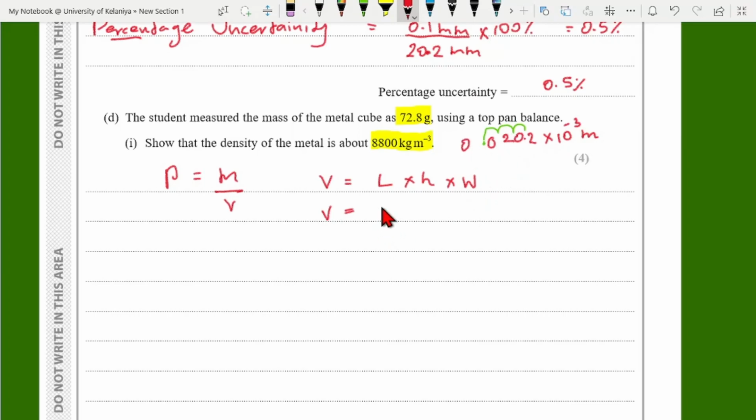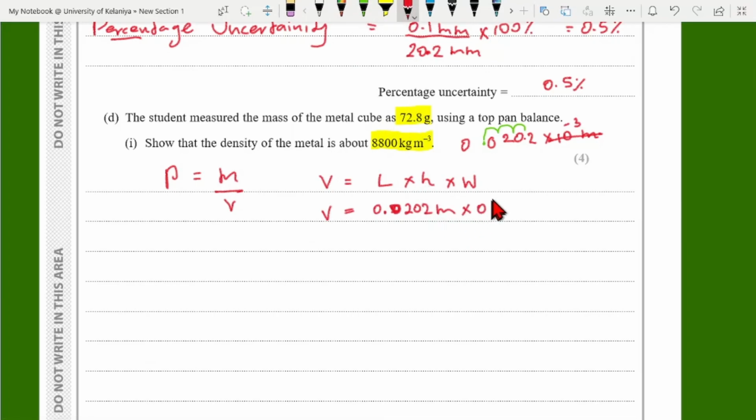So the value will be 0.0202, that is our length. I'm going to write my height and width in this form. You can prefer this form if you want. So the height is 0. Oh, here it is in meters. I forgot about that one, sorry.